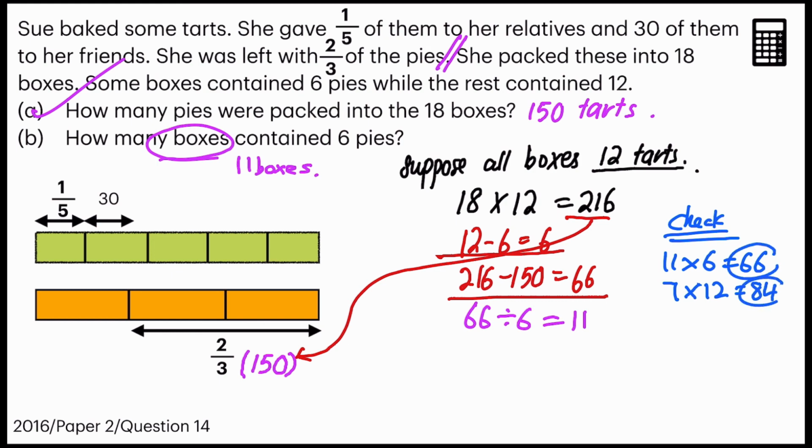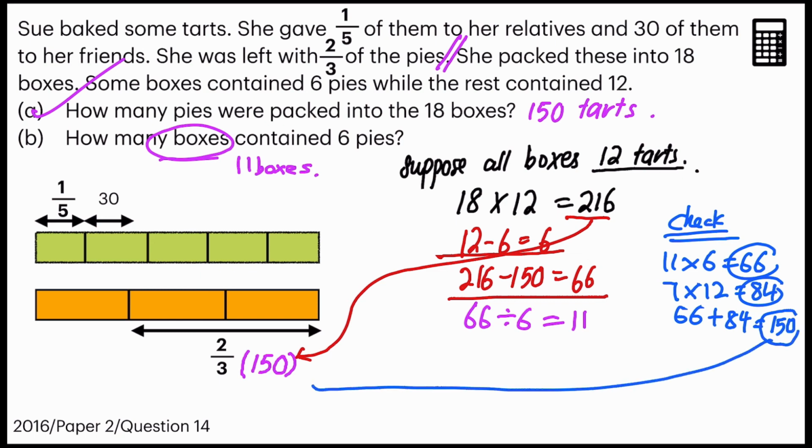Now the total of tarts, 66 plus 84, should give me 150, which is, again, this 2/3. So proving that my answer, which is 11, is correct. Okay, that's all for today.